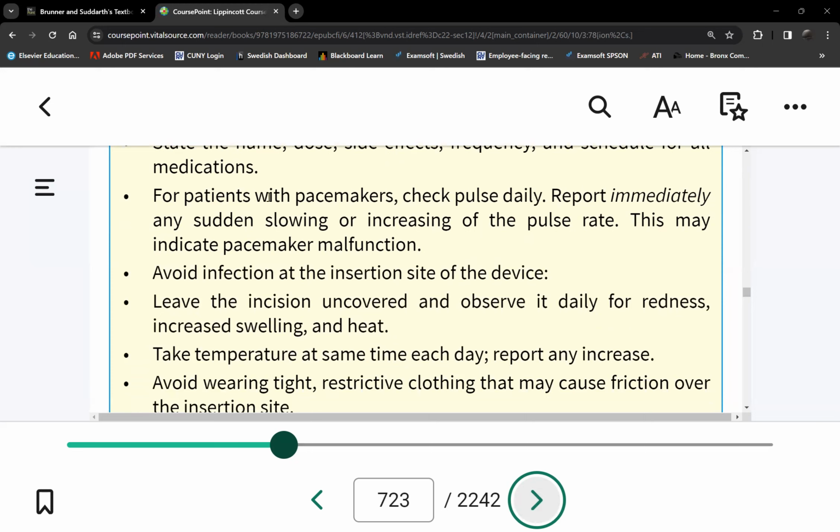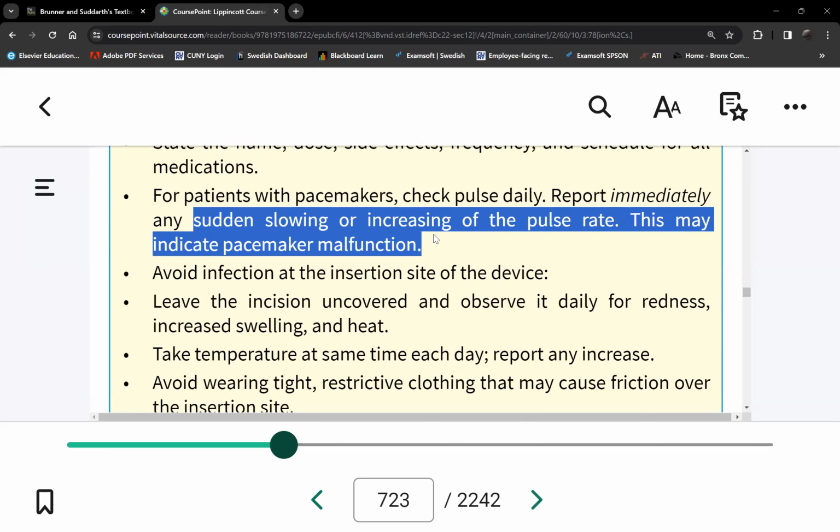Okay, let's start with this first. So what symptoms have to be reported? Patients with pacemakers or ICDs are told to check their pulse daily, count their pulse daily, and report the following. They report these symptoms, these changes immediately.